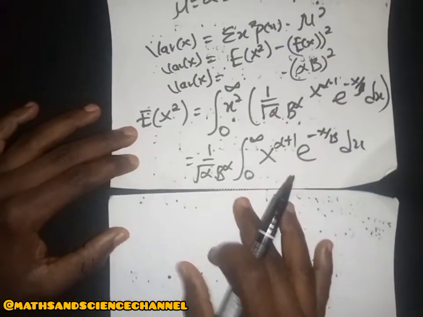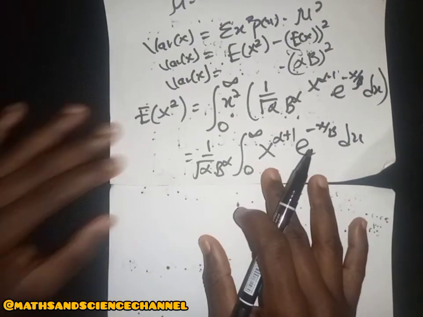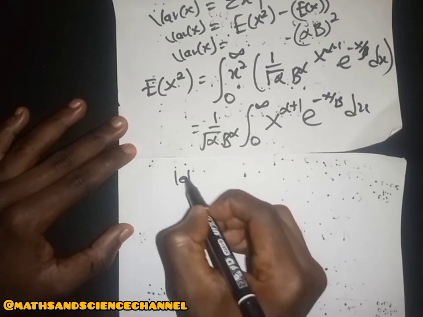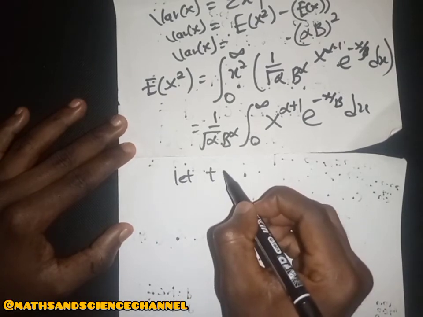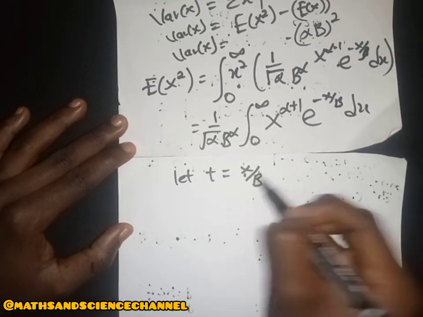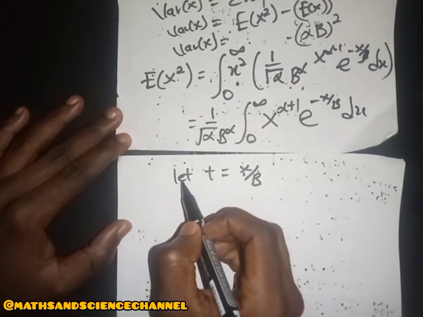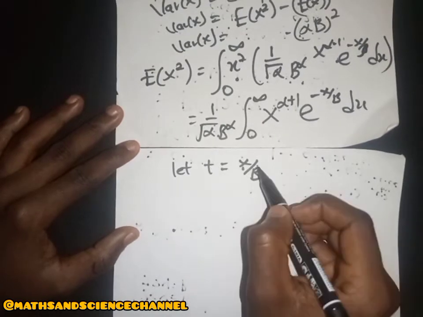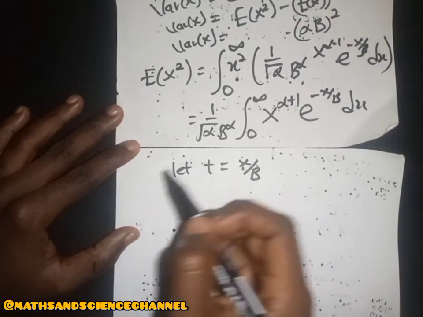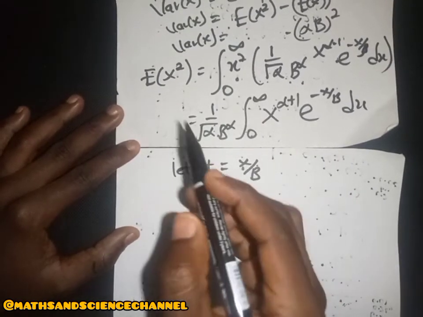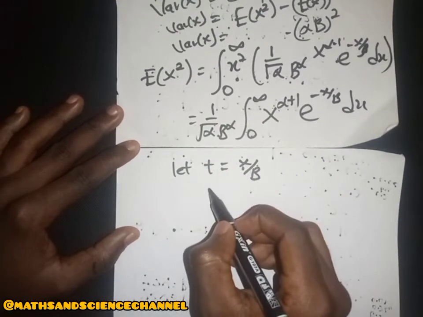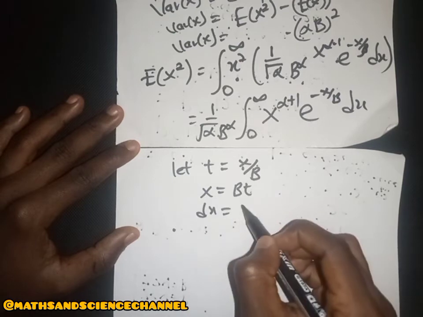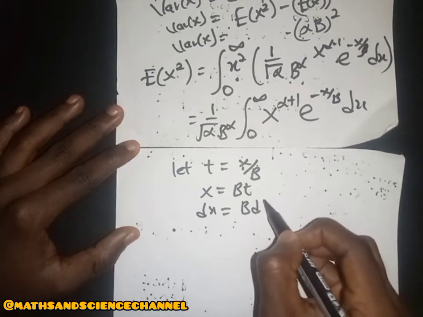From here, we have established from the first part that we let t here be equal to s over b, that is comparing it with the gamma distribution function. We said that we let t equal to s over b, using the first step that we used in finding the first equation, and then we make b the subject, and we have bt, and then the x will be equal to b of the t in this case.